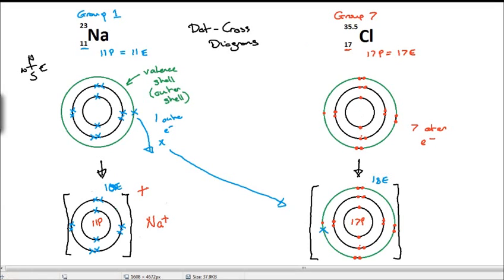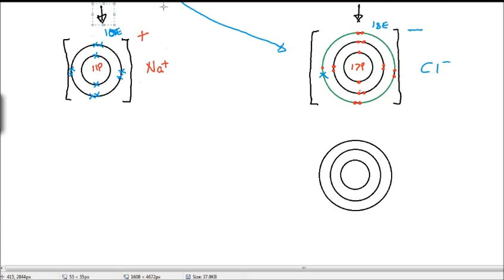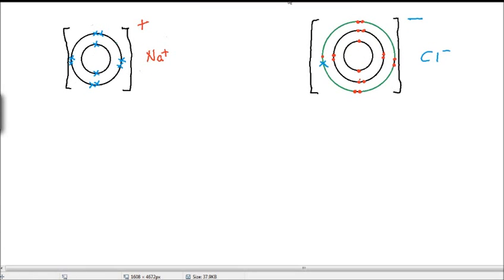So it has more electrons than protons. Electrons are negatively charged, so the charge has changed and it's become negative. We represent this as Cl-. So these are the ions that we formed: Na+ and Cl-.